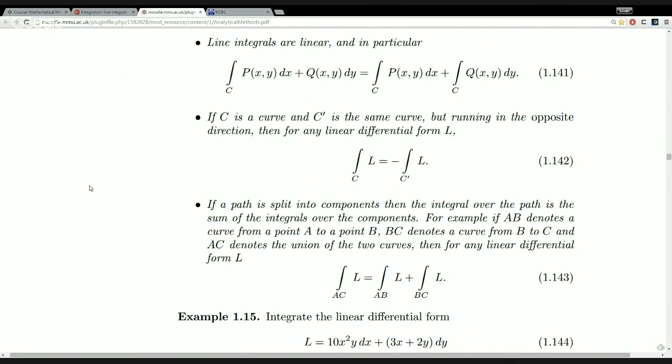I think most of them are just generalizations. In fact, they all are just generalizations of similar looking properties of one-dimensional integrals.